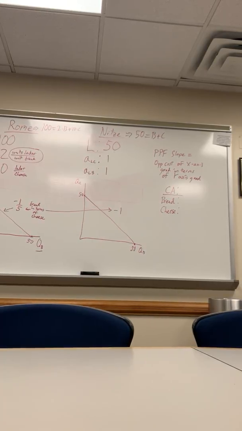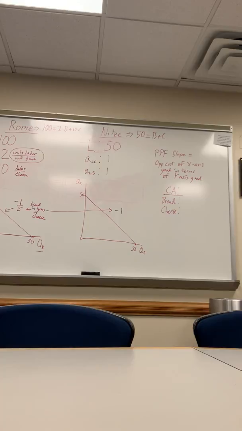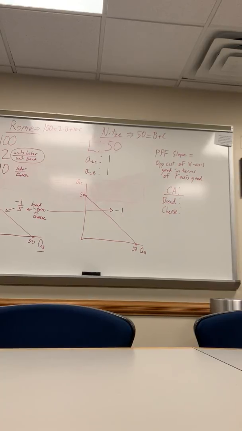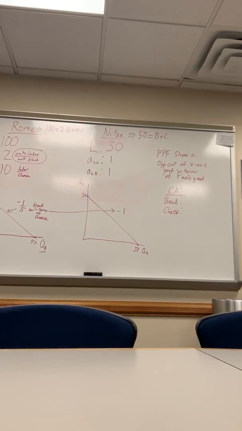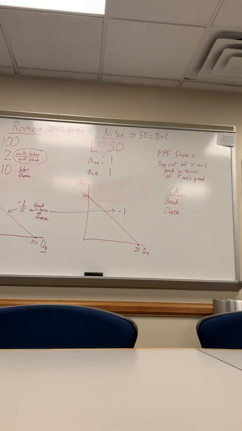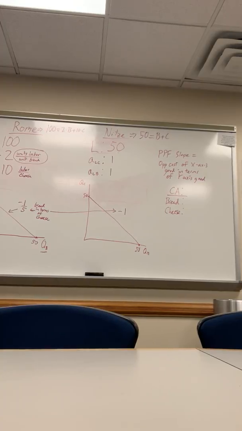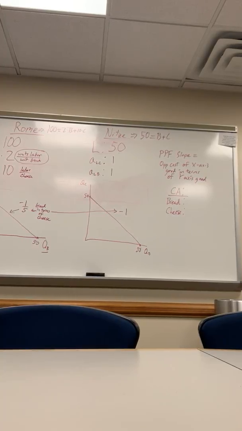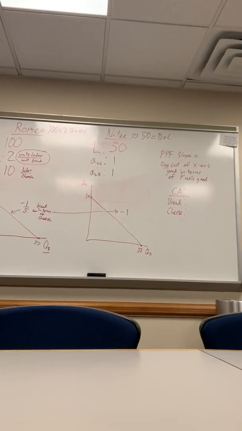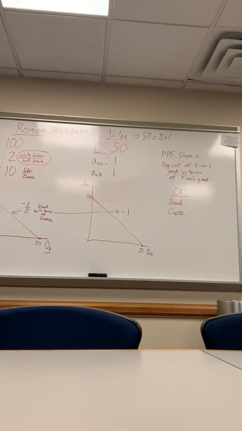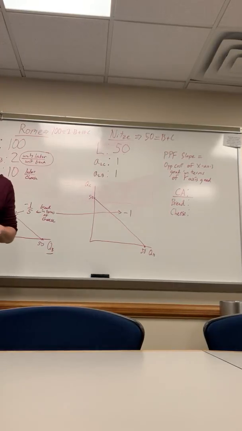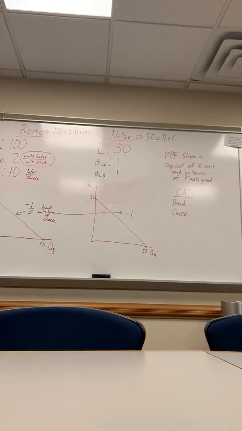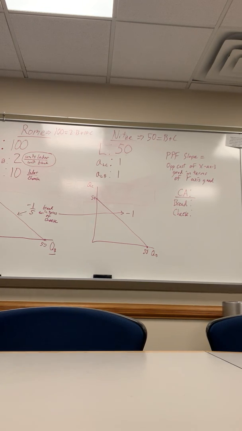A bread divided by A cheese. And then the bigger one has the advantage. So which one has the advantage in bread? Rome. Rome should have the comparative advantage in bread production.